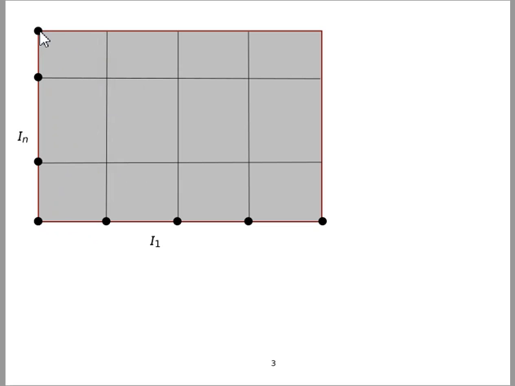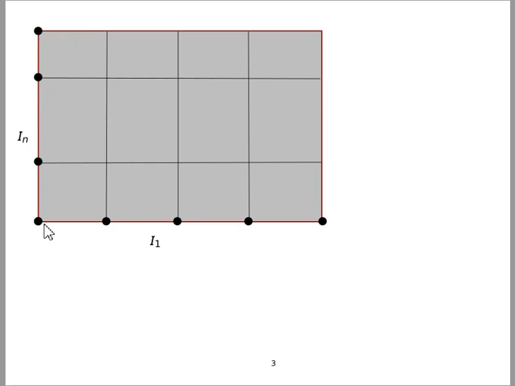I just labeled the points on the left boundary and the lower boundary, but we also have the upper boundary, the right boundary, and the points at the intersections of all the lines in this picture. Altogether there are 20 points, because in the horizontal direction we have 5 points and in the vertical direction we have 4 points.